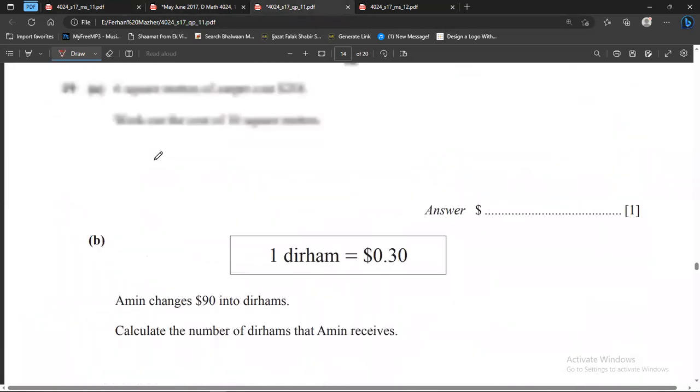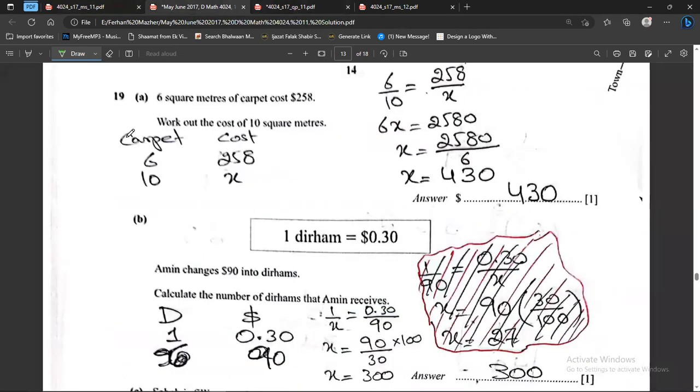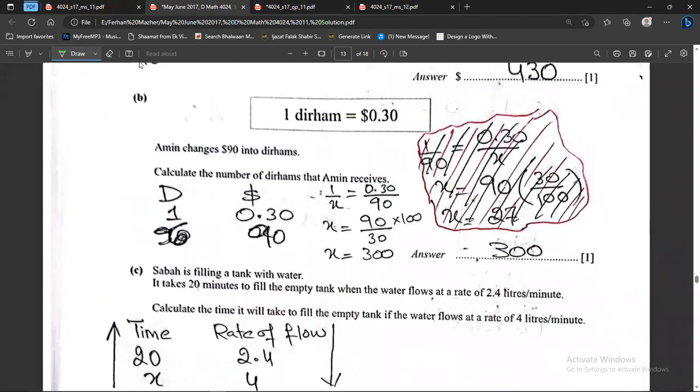So we have question number 19, its B part. 1 dirham is equals to $0.30. Ayman changes $90 into dirham. Calculate the number of dirhams that Ayman receives. So here we have dirhams and dollars. 1 dirham is equal to $0.30.